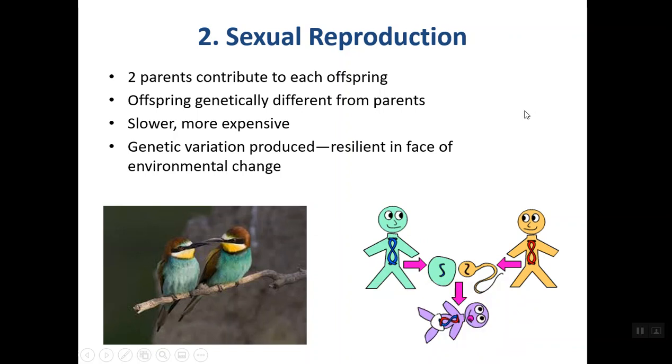Now, in this type of reproduction, the offspring is genetically different from each of the parents. And there is a lot of genetic variation ensured in this type of reproduction. And we will see what the mechanisms are to ensure this variation. That's what we have to understand.